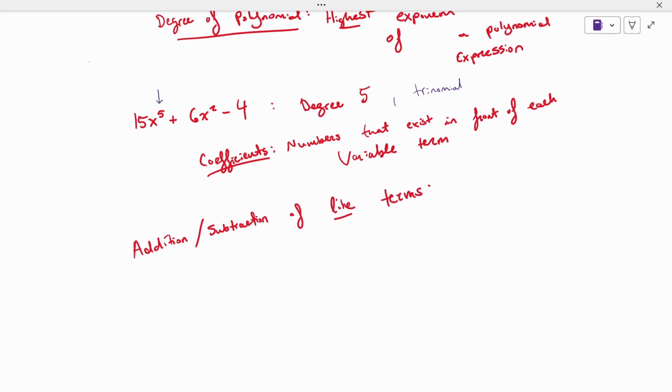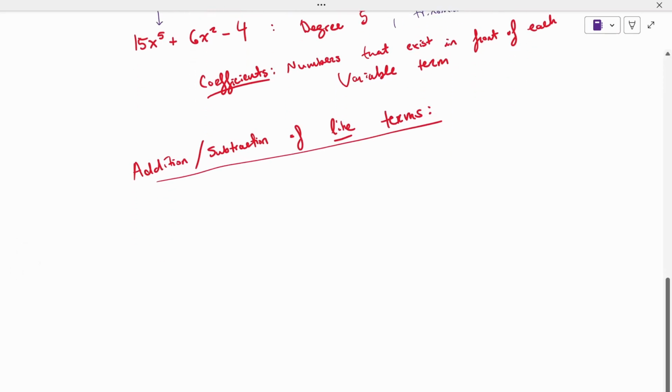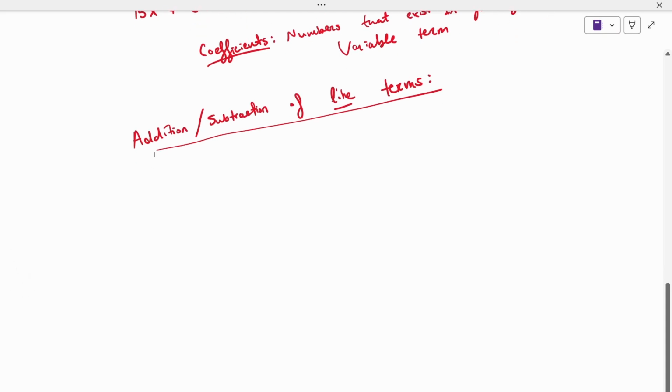But we're now going to revisit this concept of addition and subtraction of like terms within the context of more complicated polynomial expressions. So when I say addition and subtraction of like terms, you might have a polynomial expression 5a squared b added with 10a squared b.